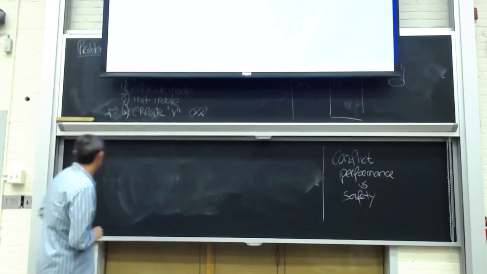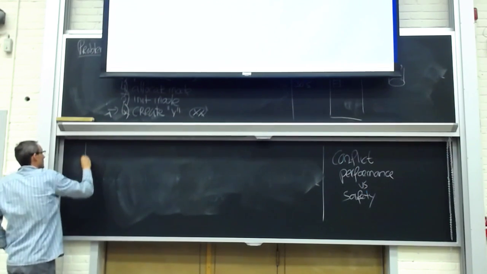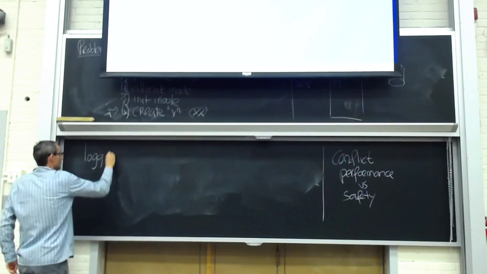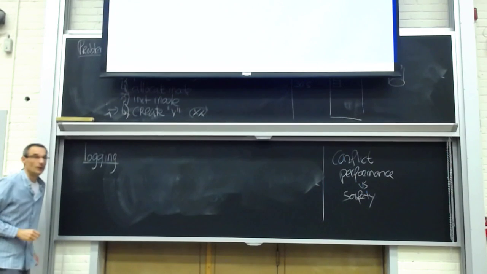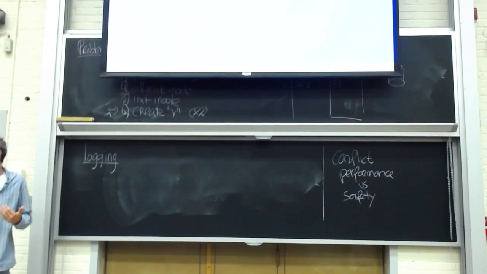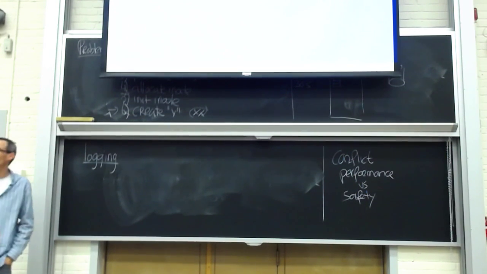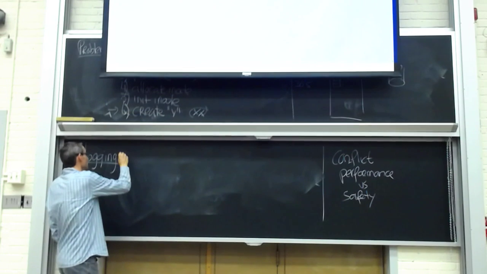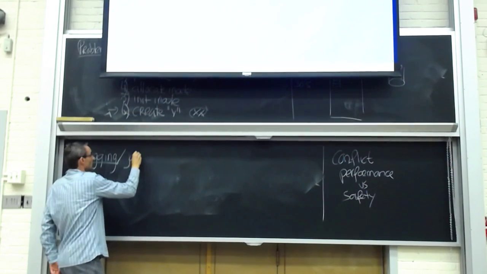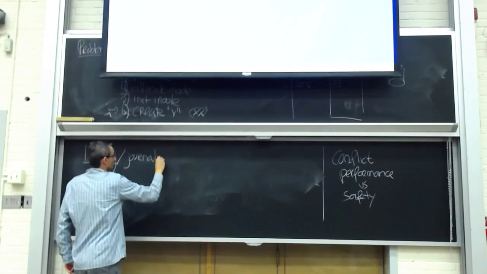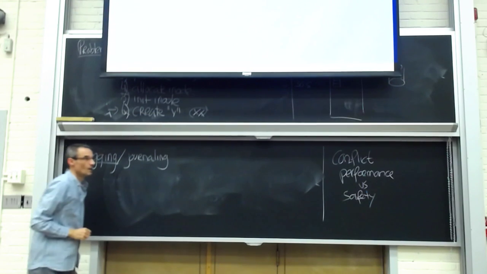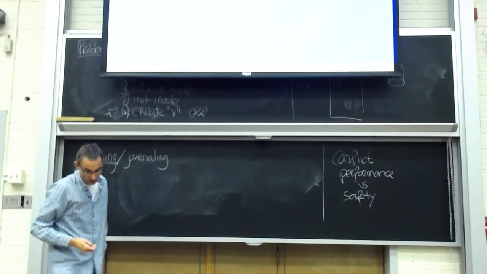Logging is something that databases have done for decades, but it's relatively new to file systems, on the order of a decade. Sometimes it's also called journaling. Both words are basically used interchangeably.